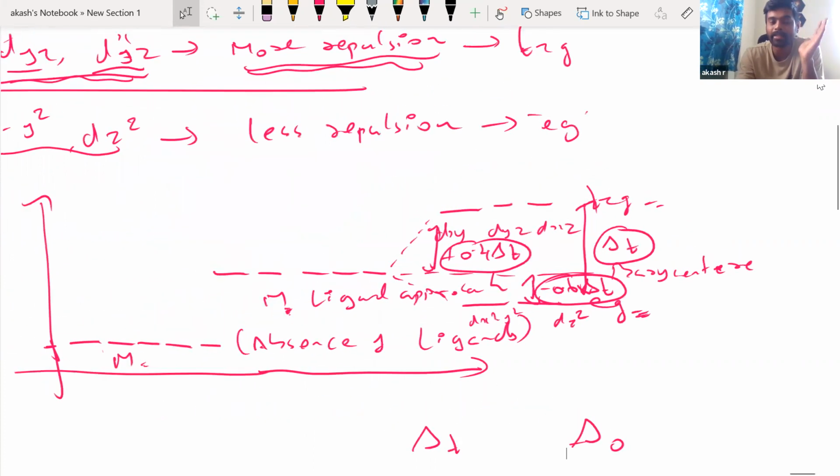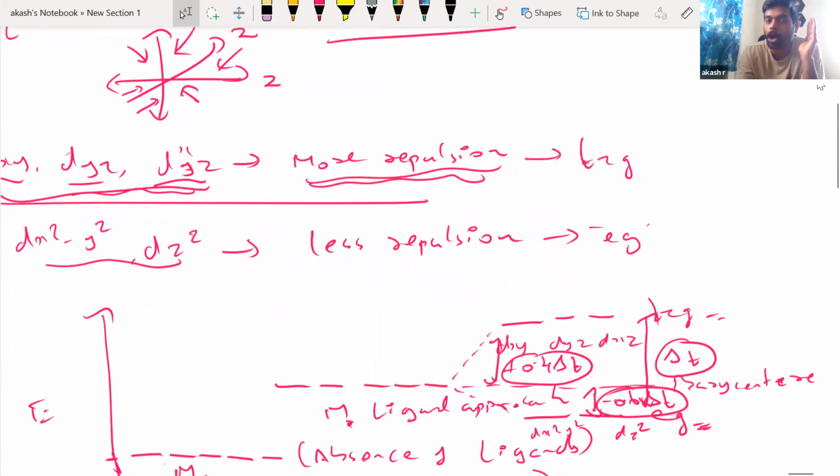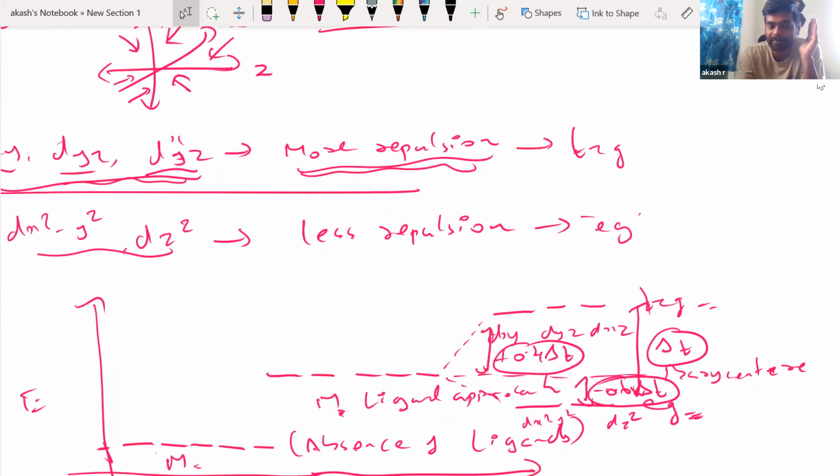Now, in case of tetrahedral complexes, how many ligands are there? 4. Good. We have only 4 ligands.